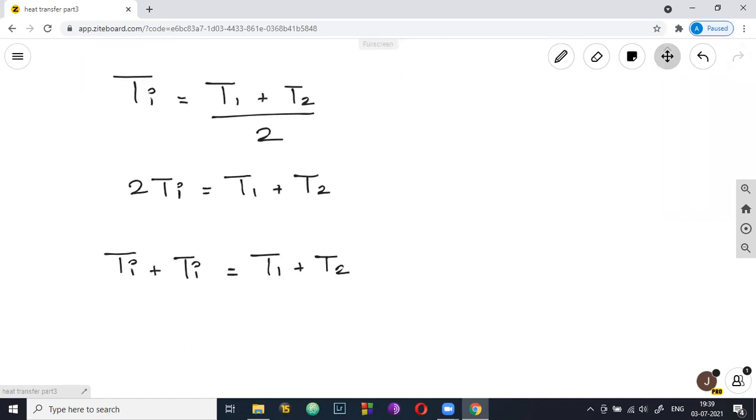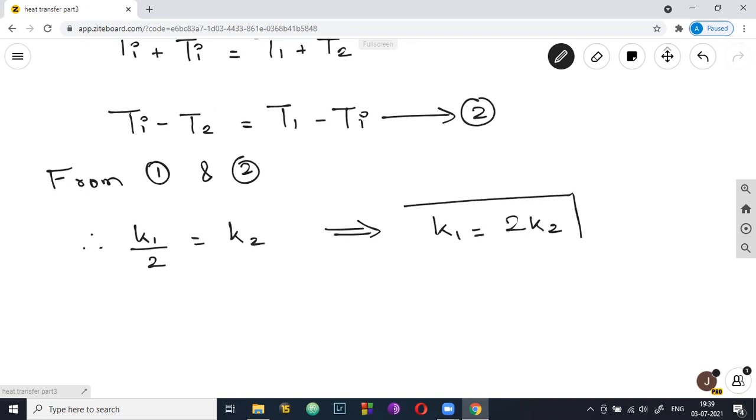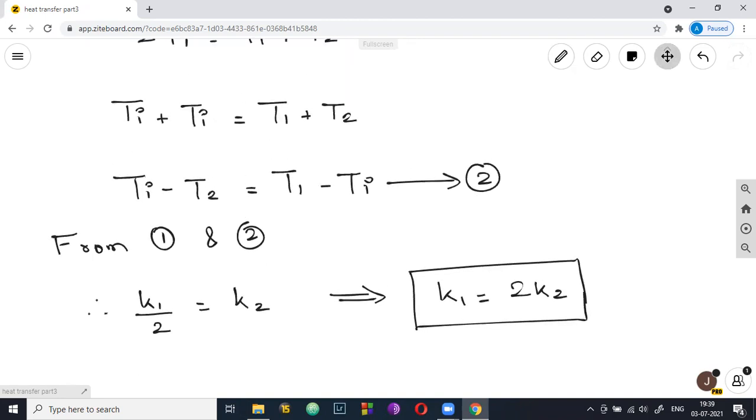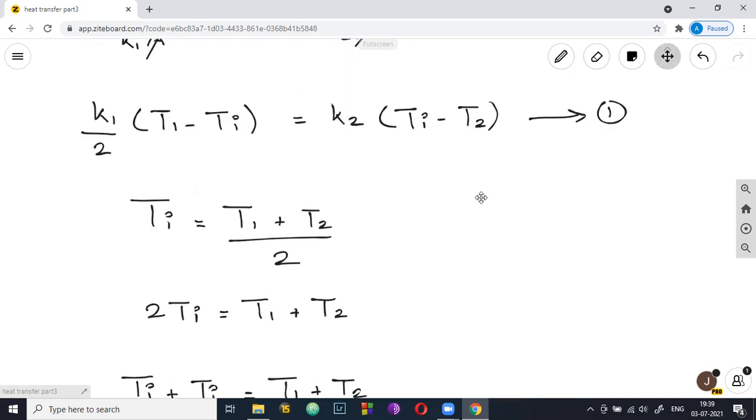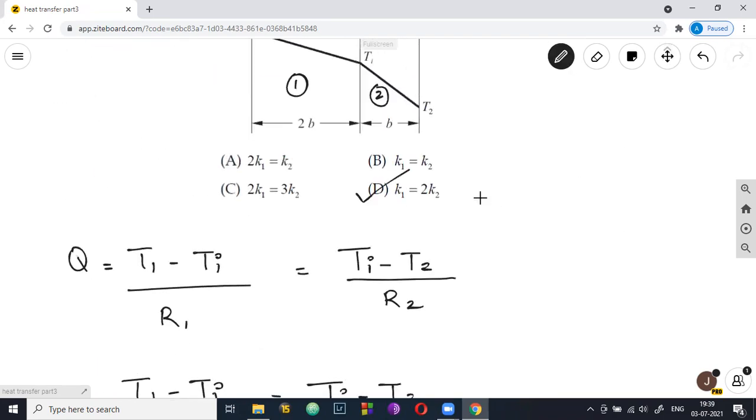So K1 by 2 is equal to K2. Therefore, K1 by 2 is equal to K2, or if you take 2 to the other side, K1 is equal to 2K2. So this is the relationship between K1 and K2. So what is the correct option? K1 is equal to 2K2. The answer is option D.